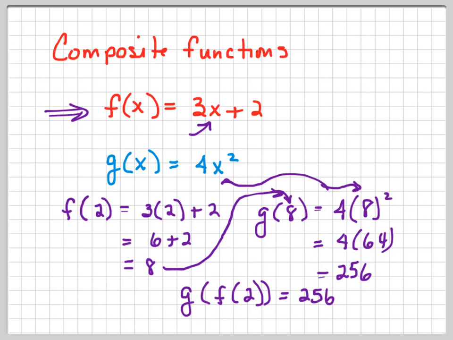Essentially, that's a composite function. So what I did is I ran 2 through function f, took the answer to that, which was 8, and ran 8 through function g. So let's keep a little note of that up here. The g of f of 2 is equal to 256.